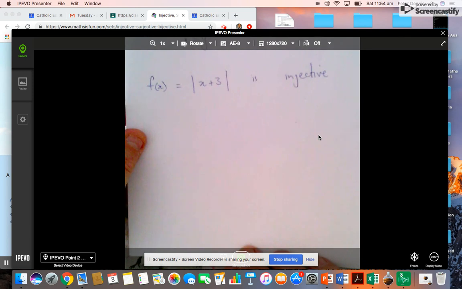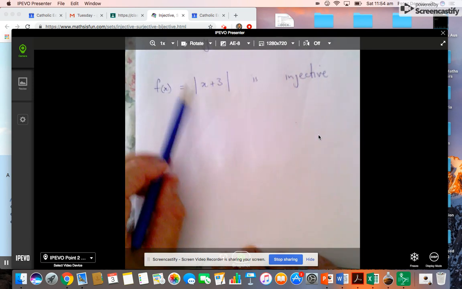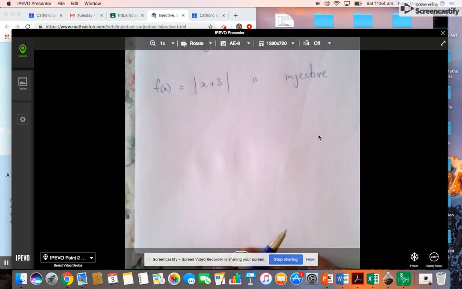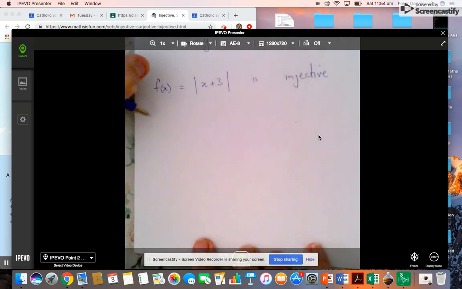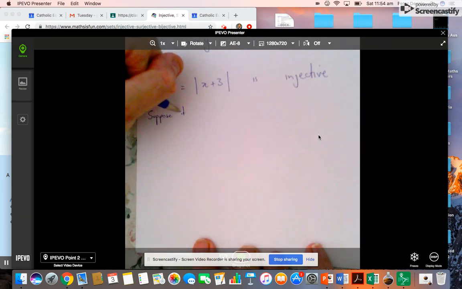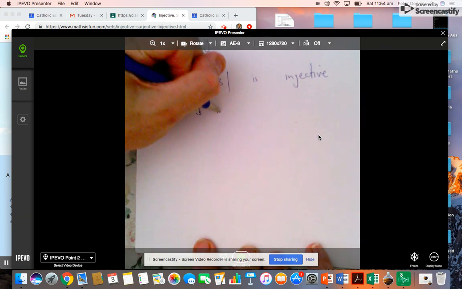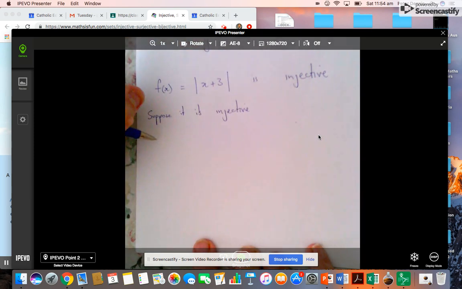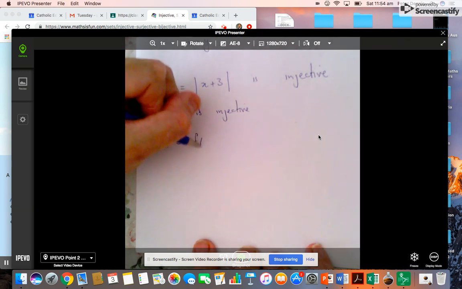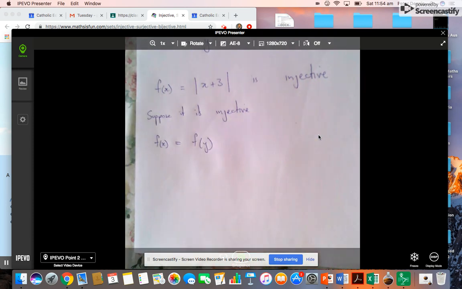Let's look at this one. F of x equals the absolute value of x plus 3. Is this injective? Okay, let's suppose that it is. In other words, if it's injective, f of x and f of y can't be the same.